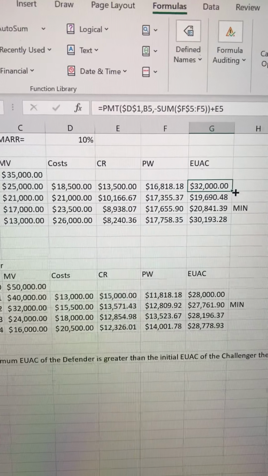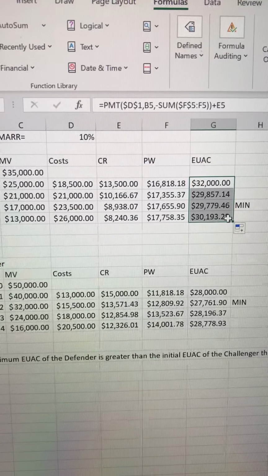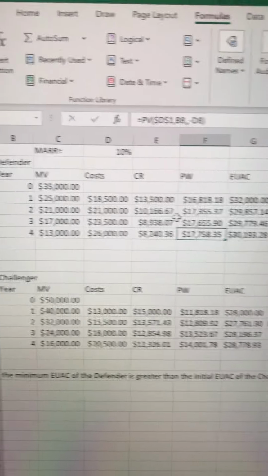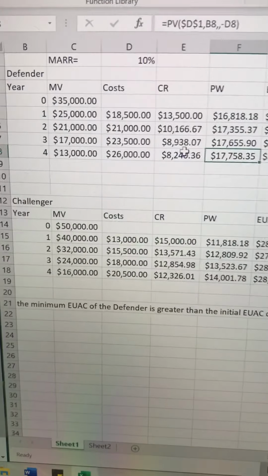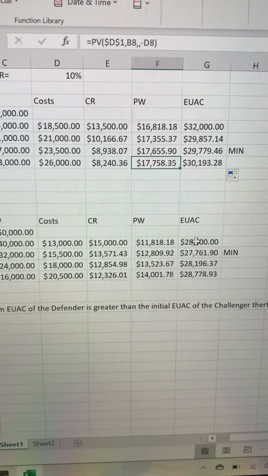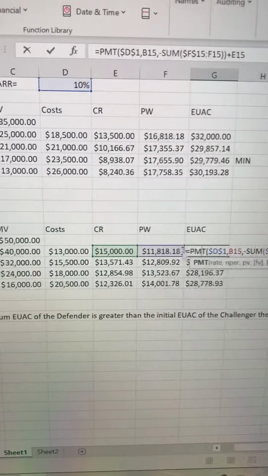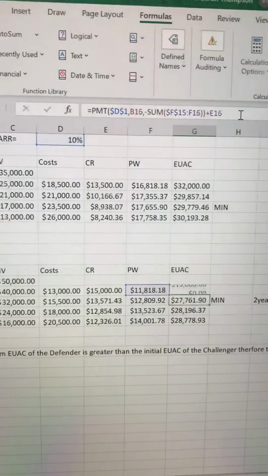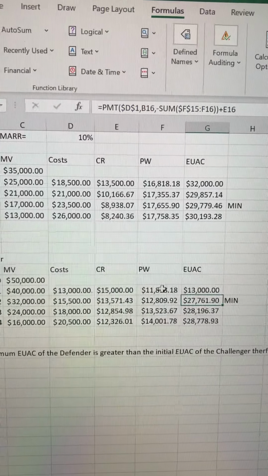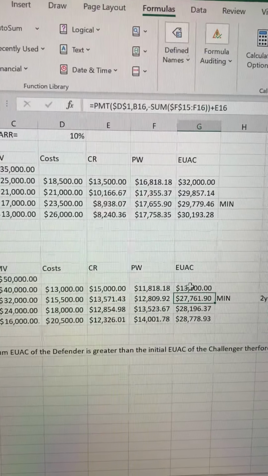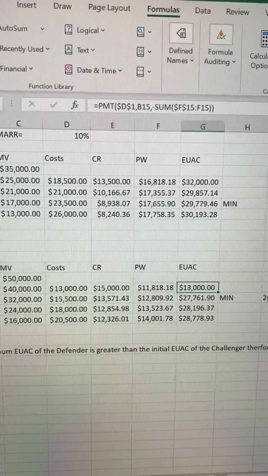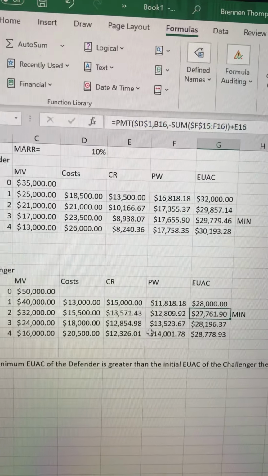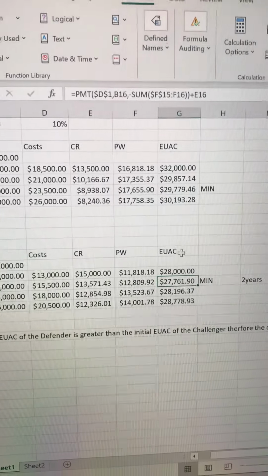And that'll give us these values. So those are the EUACs of the defender. Same thing for the challenger. We find this value. This is what it's equal to based on this, of the expenses. And then we add it to this value. So these are these values.